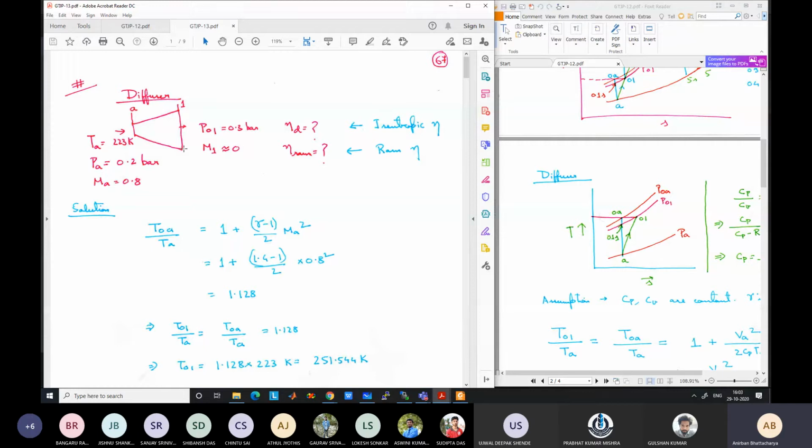Try to run the codes, make some changes to them to see the effect of atmospheric conditions Ta and Pa, then maximum temperature, compressor pressure ratio, on the efficiency, things like that. You can try to plot, play around with the codes.